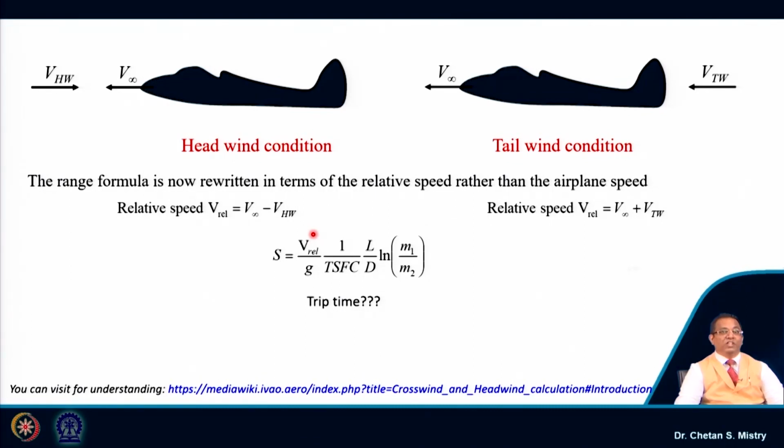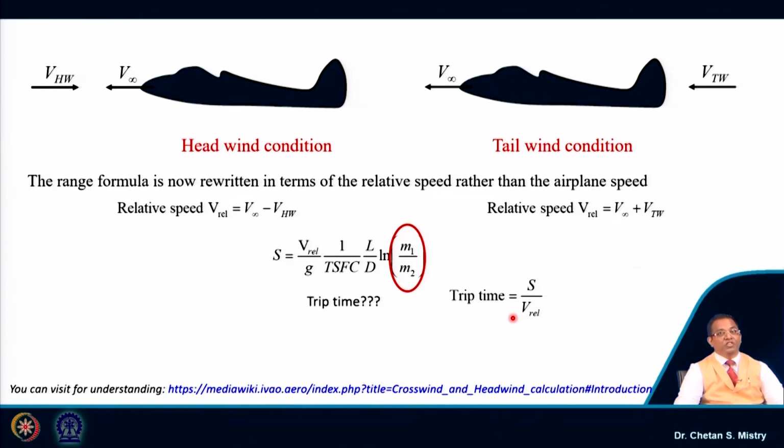Now, if this is the scenario, what will happen with my trip? If I consider the time for the trip, that is represented by range divided by v relative. So, what will be your observation? What do you feel? It depends on my m1 and m2. What is my m1?